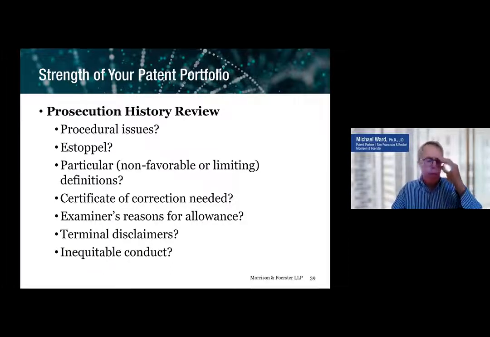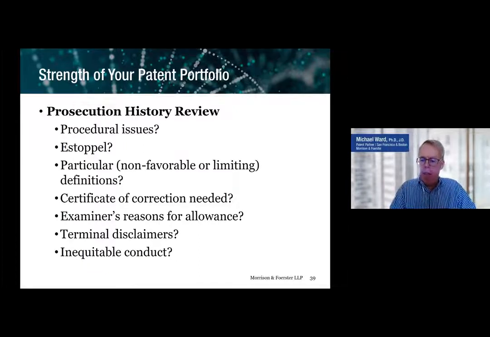What are estoppel issues? Estoppel issues arise when you've said something in response to the patent office, like, my invention means X, my claims mean X, and they don't mean Y. You are now estopped from arguing later in the life of that patent that your patent claim means Y. So these are issues that you need to sort out.